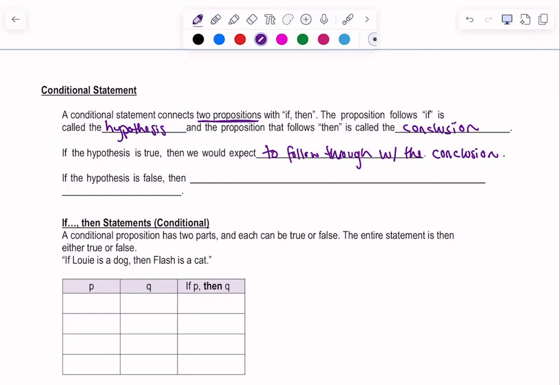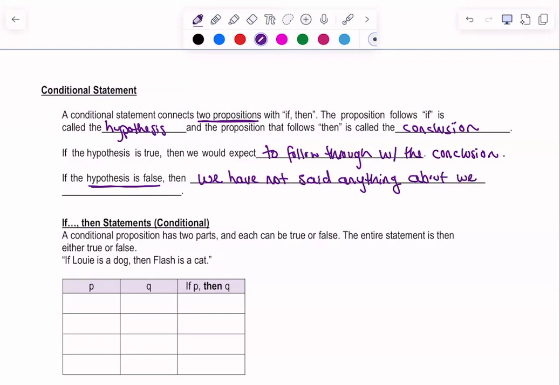If the hypothesis is false, this is the part that many students, including myself, struggle with. If the hypothesis is false, then we have not said anything about what we'll do.